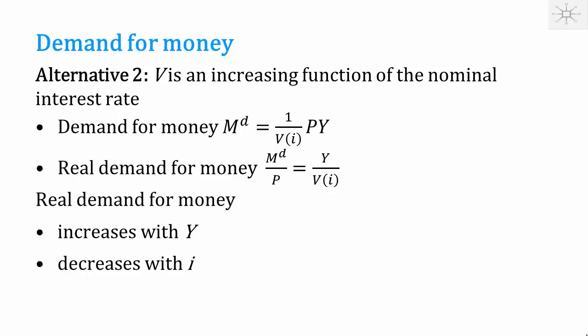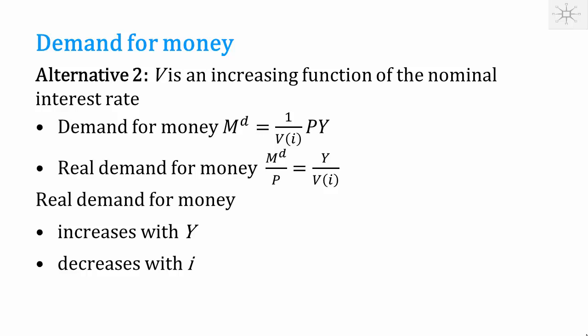I'd rather go more often to the bank and have a smaller amount of money in my pocket on average. And then the velocity will increase as the interest rate increases. Well, the money demand is 1 over the velocity times nominal income, and that means that if the interest rate goes up, then money demand goes down.